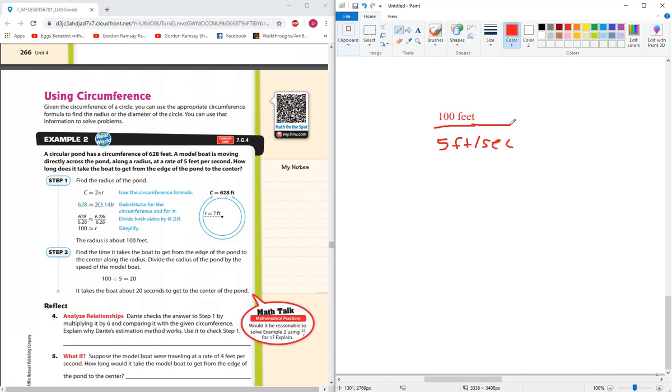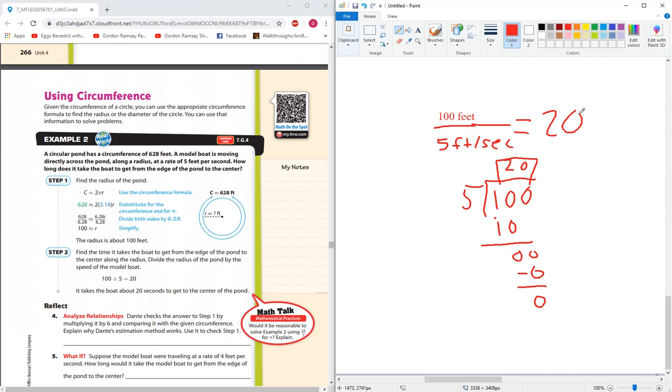Yeah? So let's look what this looks like. 100 divided by 5. And there you have it. So right now, it would take us 20.